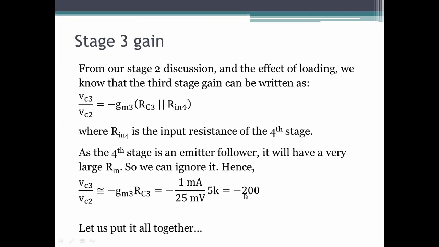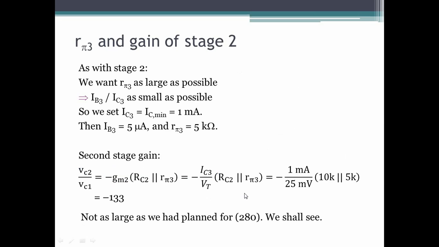Okay, now let's think back a little. So this is minus 200. Here we just discussed that we said this was minus 133 because of the loading of R pi 3. But if R pi 3 is not there, then the gain was coming to be 400. Here we are getting 400, but there we are getting 200. Where did the factor of 2 go?